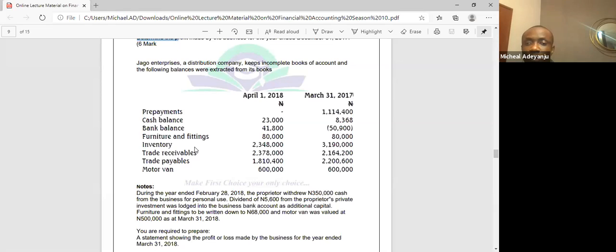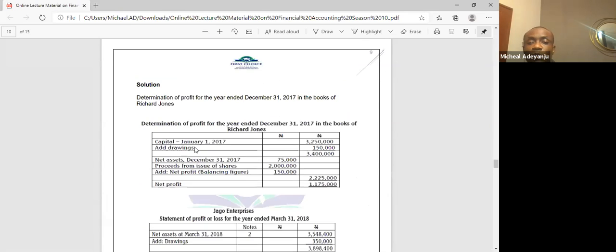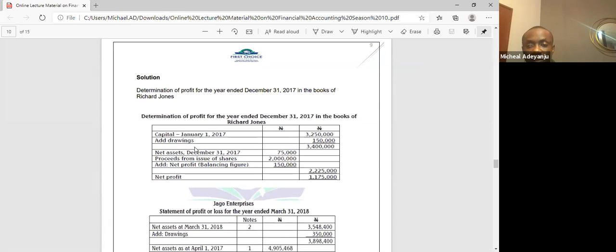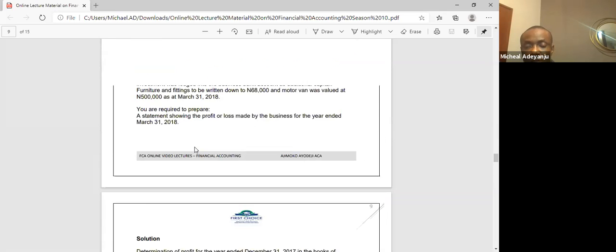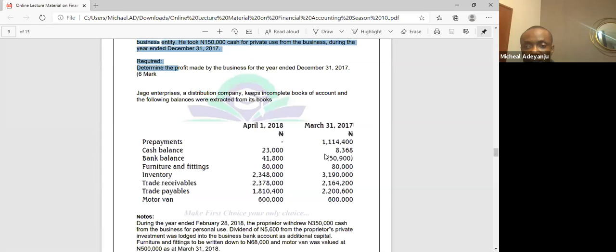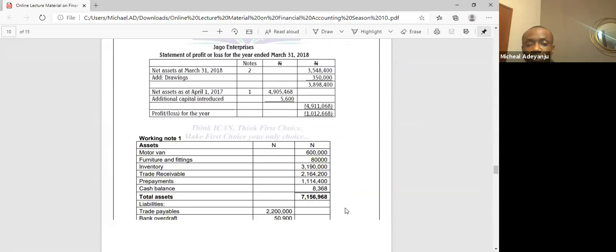Remember, what is the formula for our capital? Our assets minus our liabilities is equal to our capital. So if you are not given capital in here, all you just need to do is to separate your assets from your liabilities and find the difference there, and it's going to give you your capital.